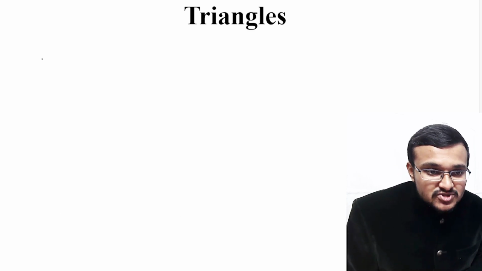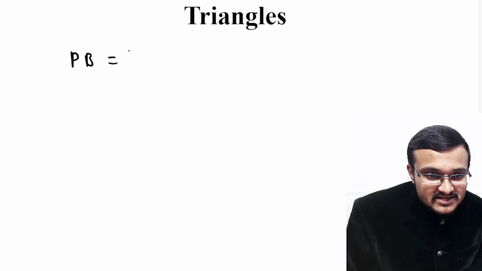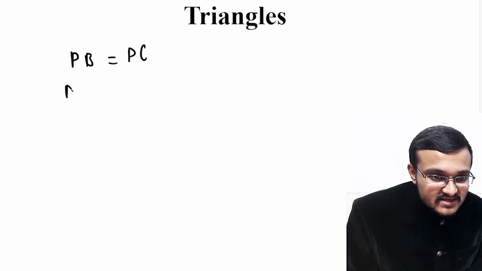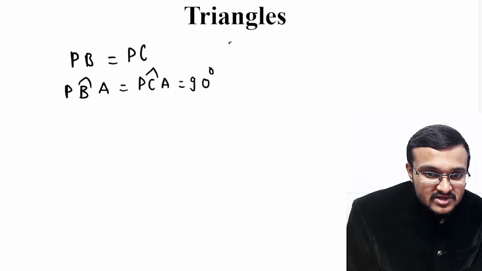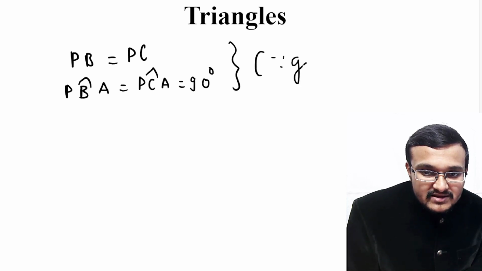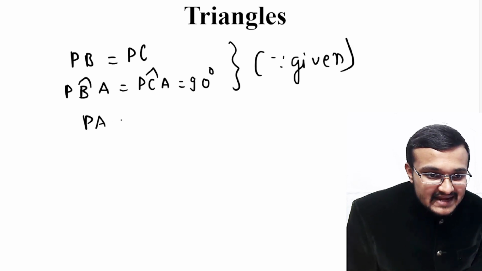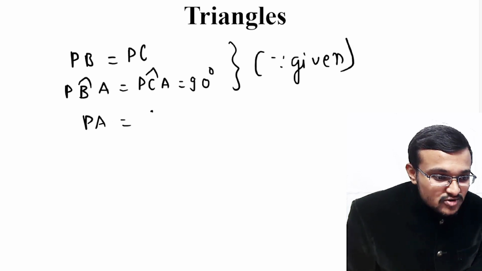I'll write this one more time in a new slide. PB is equal to PC, PBA is equal to PCA, which is equal to 90 degrees. Both of them are given already. And here PA acts as a common side.